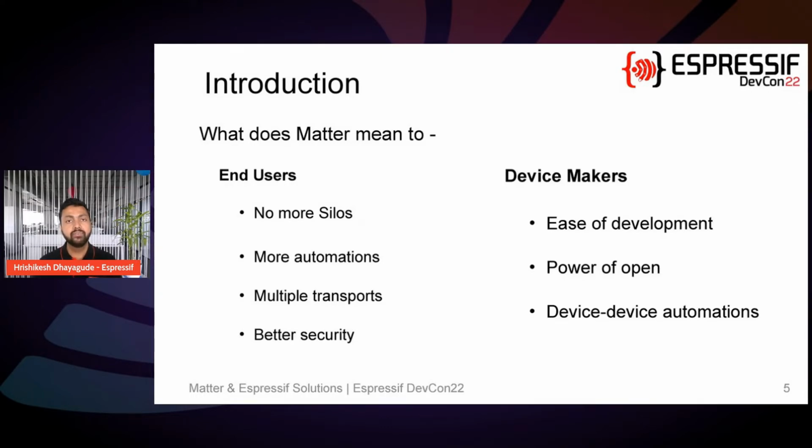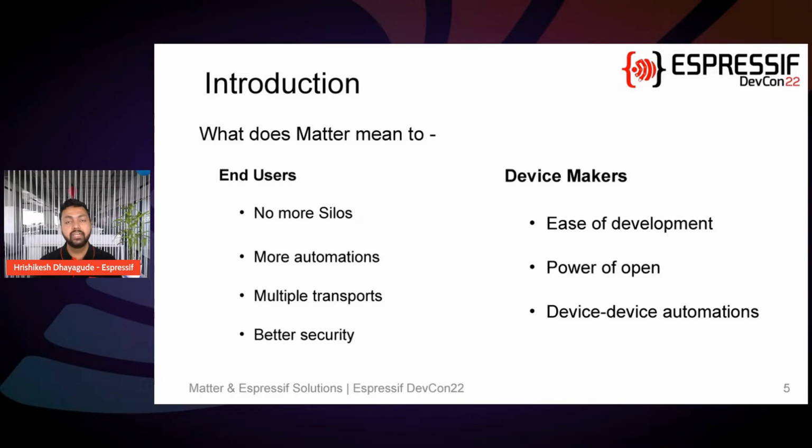Now, let us see what Matter means to the device makers. The advantages for the end users apply to the customers of these device makers. Apart from that, the other advantages are ease of development. Now, the device makers won't have to go through the pain of supporting and certifying multiple ecosystems.